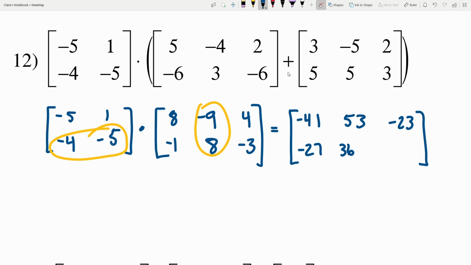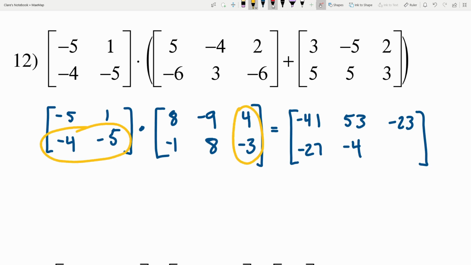So negative 4 times negative 9 is positive 36, and I'll add that to negative 5 times 8, which is a negative 40. So I'll be subtracting 40. 36 minus 40 is going to be negative 4. And then lastly, negative 4, negative 5, dot it with 4, negative 3.